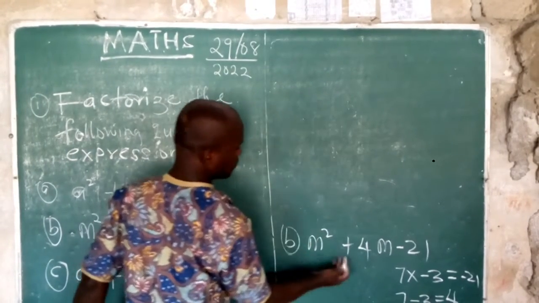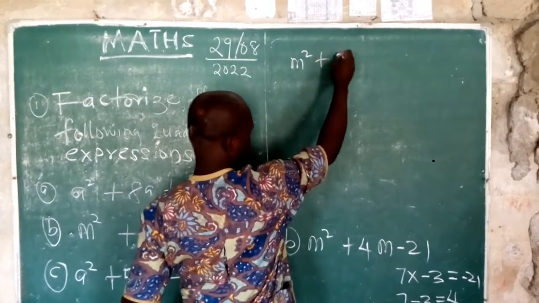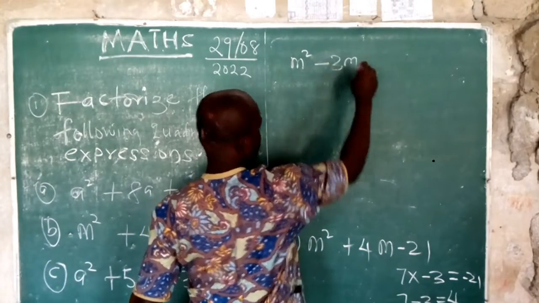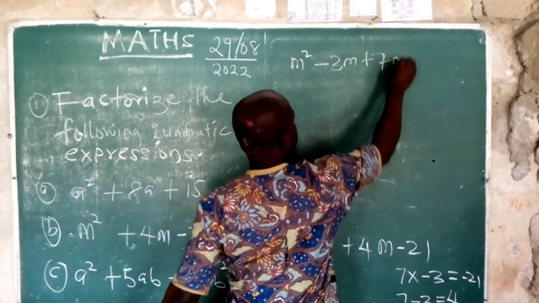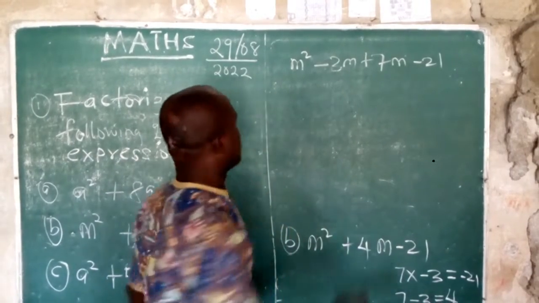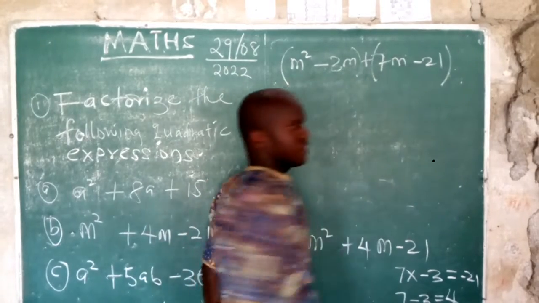So we now have m squared minus 3m plus 7m minus 21. So this and this in bracket, this and this in bracket.